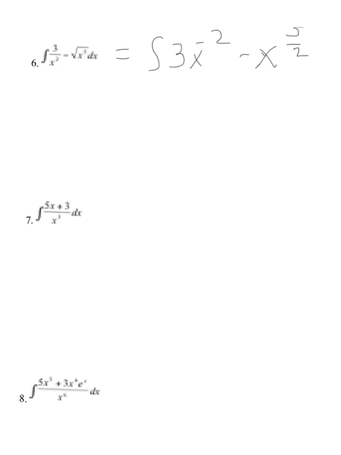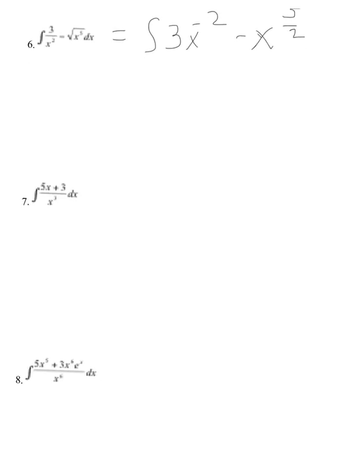So I have 3 times x to the negative 2 power minus x to the 5/2 power, and that is what I need to integrate. So I have my dx after it. Okay, let's see if we can do this term by term. What do I do to the 3x to the negative 2 power to be able to integrate it?